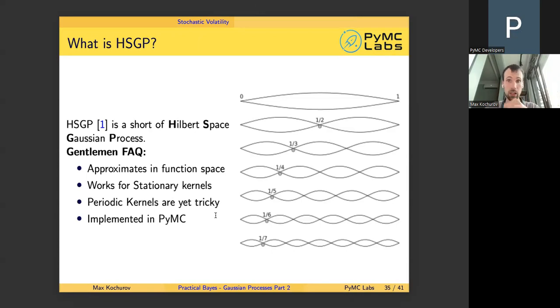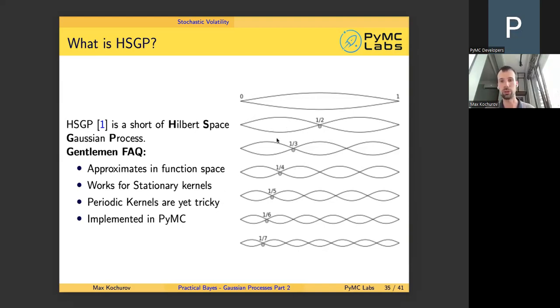So HSGP is an abbreviation of Hilbert space Gaussian process, and it works in the Hilbert space domain. Hilbert space for babies is function space, and one example of these function spaces is harmonic functions.